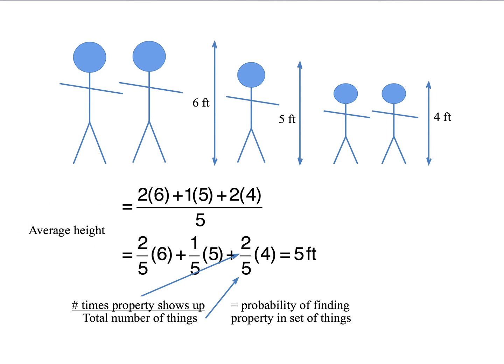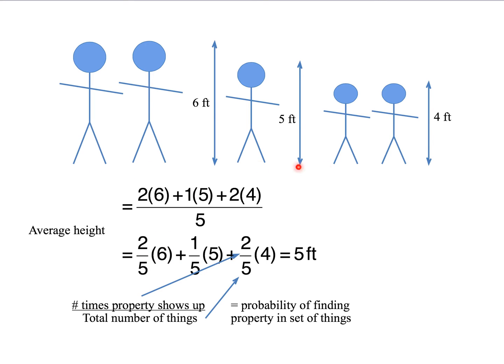We can rearrange this equation and write 2/5 times 6 plus 1/5 times 5 plus 2/5 times 4. Notice that the fraction that multiplies the height of the person is the probability that someone within these 5 people is 6 feet tall.